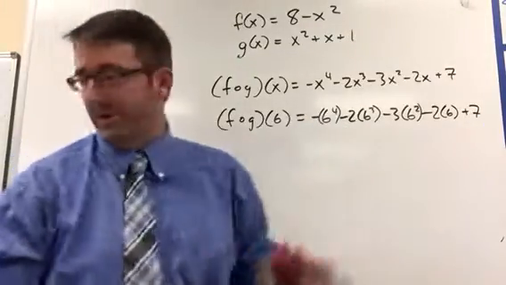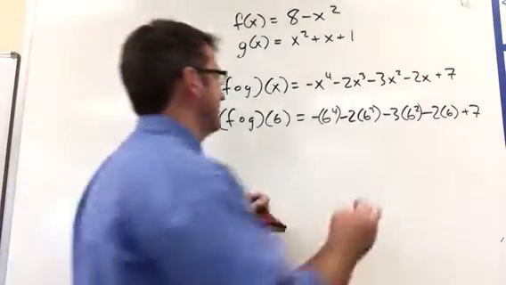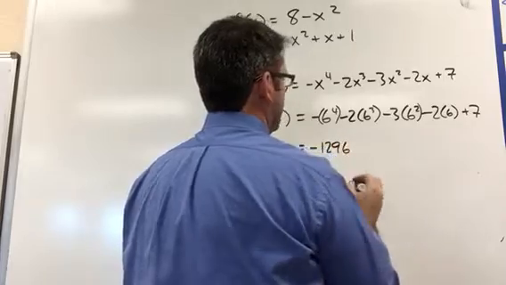6 to the 4th is 1296. So this is negative 1296.